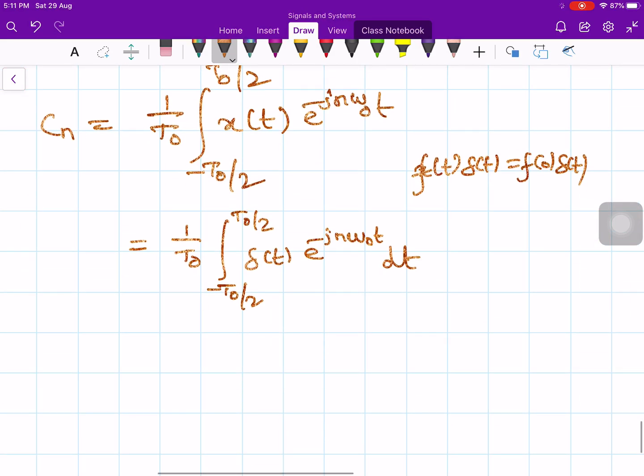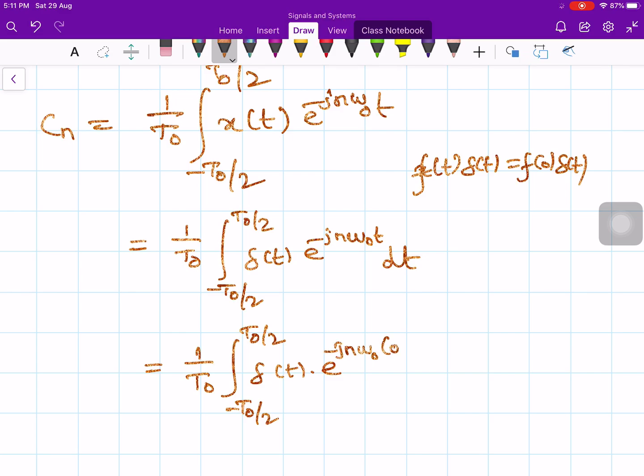Similarly, here also you can write 1 over t naught integral of del of t times e to the minus j n omega naught multiplied by 0 dt. And anyway this is going to be 1. So this is 1 over t naught integral of del of t dt from minus t naught by 2 to plus t naught by 2.